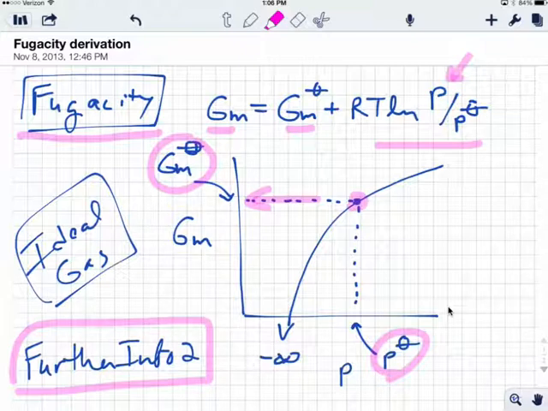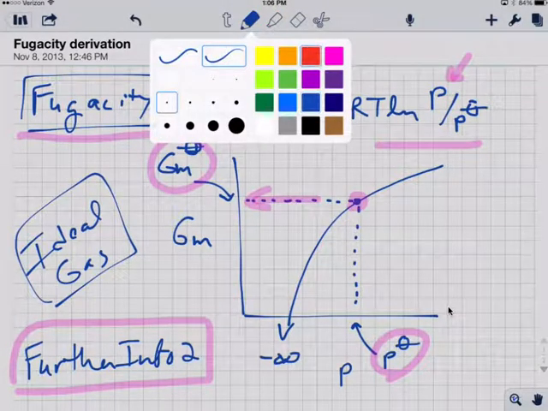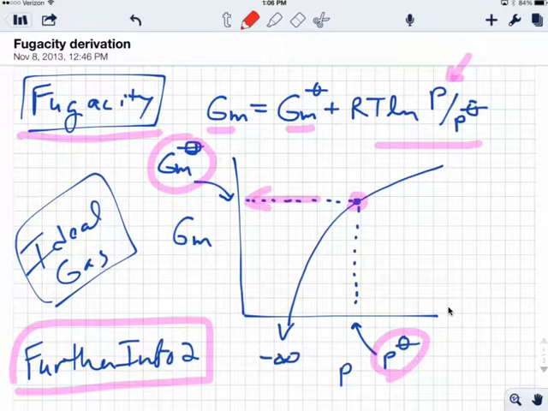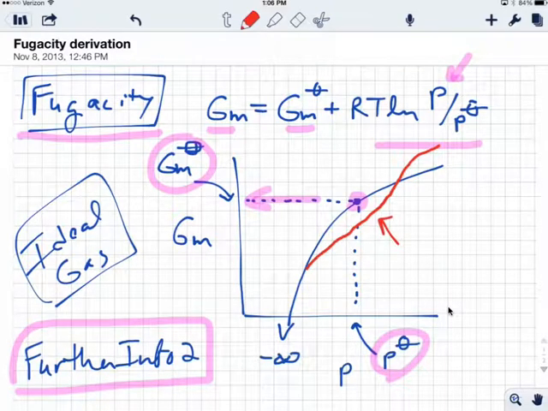In other words, we want to see how a real gas might respond instead of an ideal gas. And if I were to draw in modifications to this curve, what we would notice is that this line would start deviating below this, and then it would come up and pass this. So in this region, we're going to see that the molar Gibbs free energy is actually lower than what we would expect for an ideal gas.